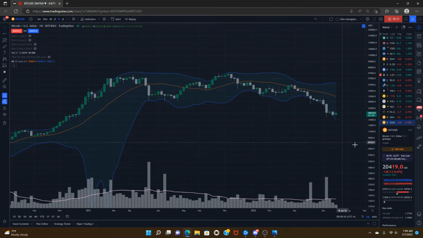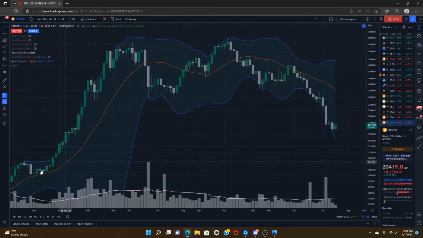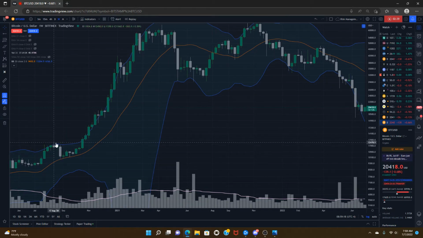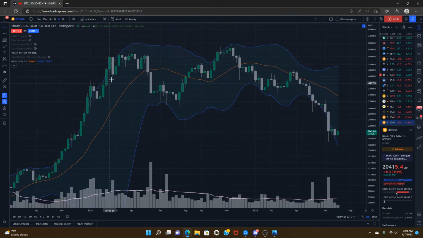So right here, again, during your parabolic advance, obviously it breaks out of that range that was holding it hostage right there, breaks it, starts running, comes down, breaks the median right here, and then runs down for the lower band right there.